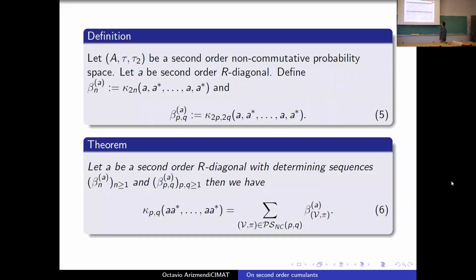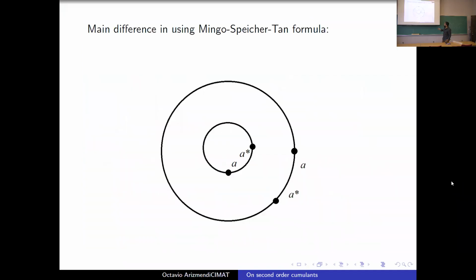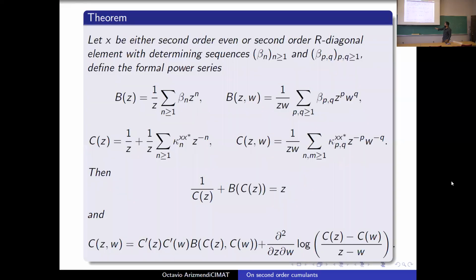And again, I have a formula for the cumulants of AA star in terms of the cumulants of A and A star, which are the only ones which are not zero. This is actually the moment-cumulant formula of second order level. So in particular, I have another functional relation between the cumulants of A and A star.